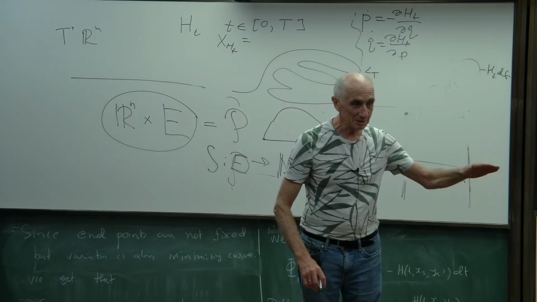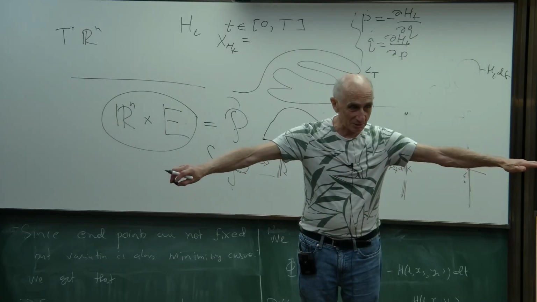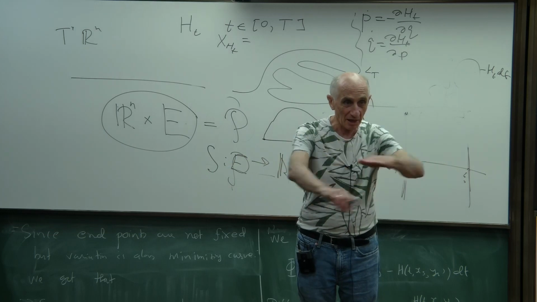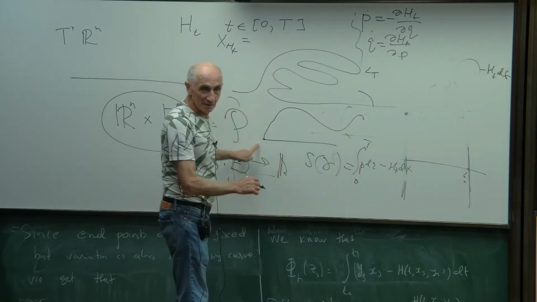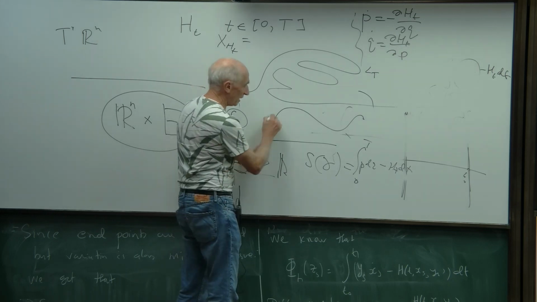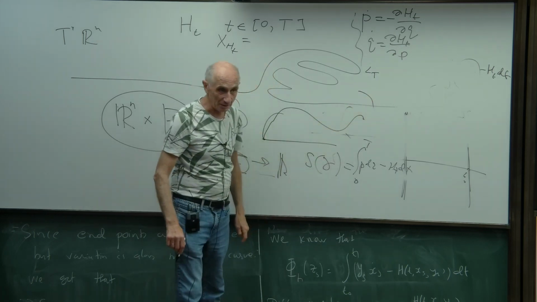This bottom line is some Lagrangian on which the form vanishes. It could be any Lagrangian on which the form vanishes, but in this case I just take the 0 section. So I take Rn and take all paths which start at 0 and end I don't know where.